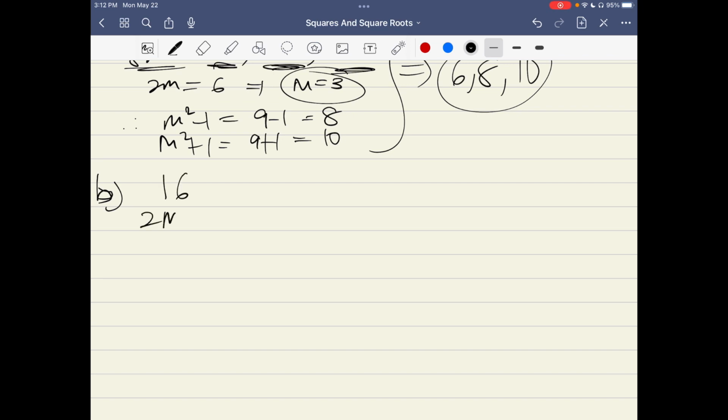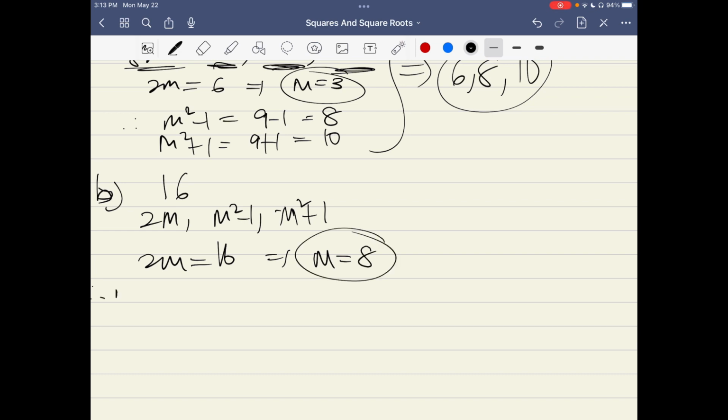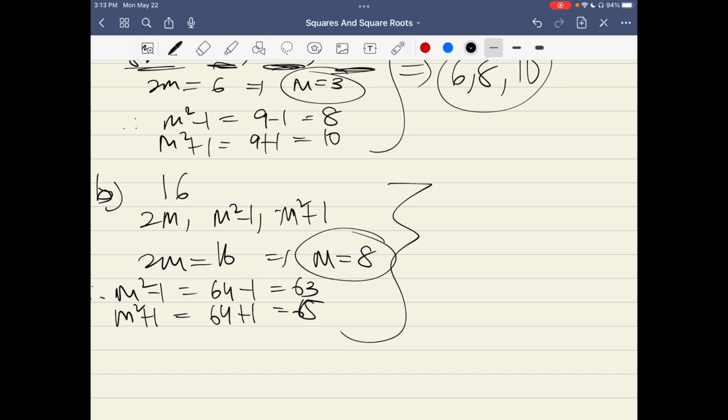Again, we know it's 2m, m squared minus 1, and m squared plus 1. So let's say 2m equals 16, which means m equals 8. Therefore, m squared minus 1 is 8 squared, which is 64, minus 1, which is 63, and m squared plus 1 is 64 plus 1, which is 65, right? Therefore, our Pythagorean triplets are 16, 63, and 65.